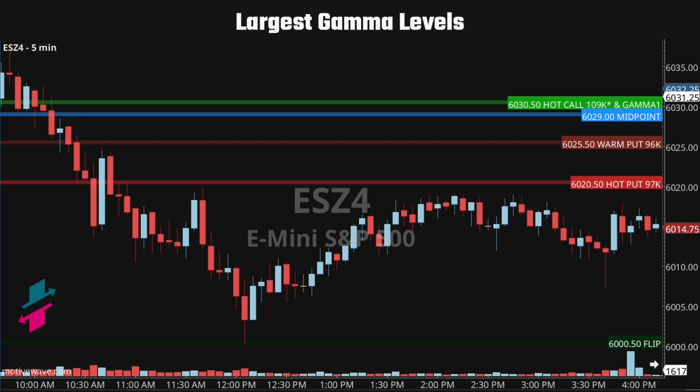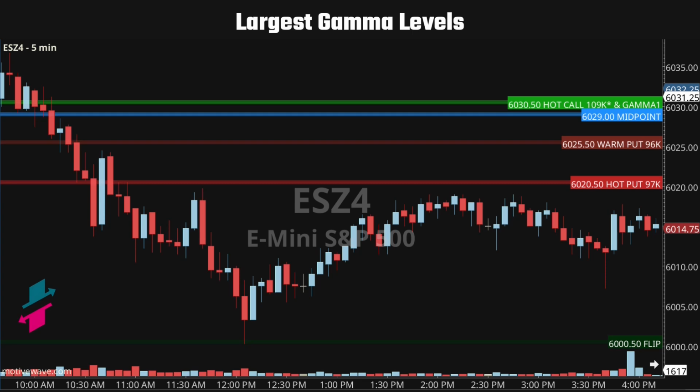If the hot put and warm put enjoy 40% or more of excess volume versus the hot call and warm call, they can also become very magnetic on an intraday basis. So these can be incredibly helpful tools for day traders because often is the case, you'll see the flow start to really focus on these areas before the price of the S&P futures gets there.